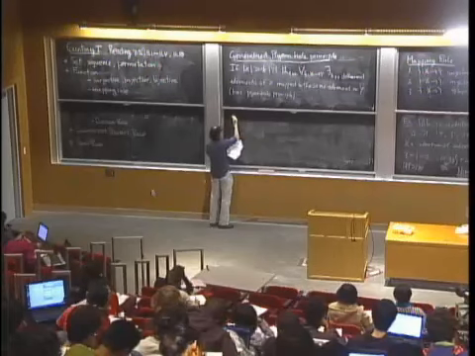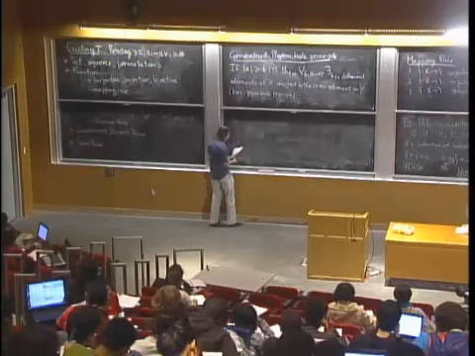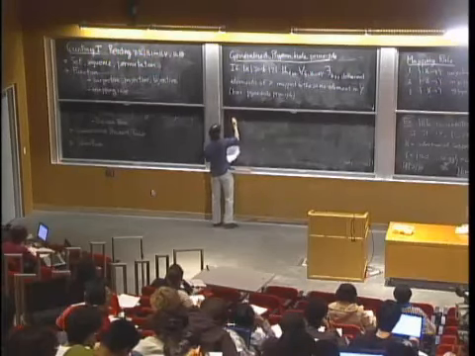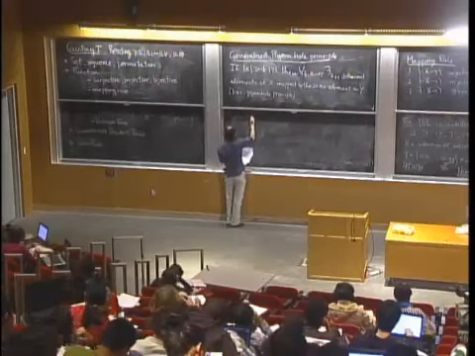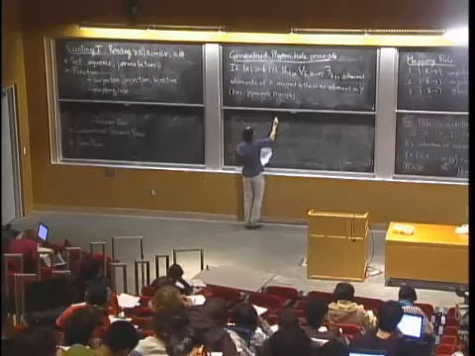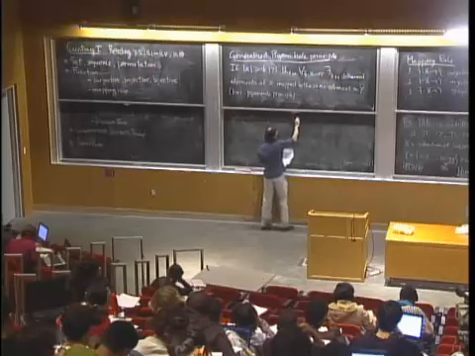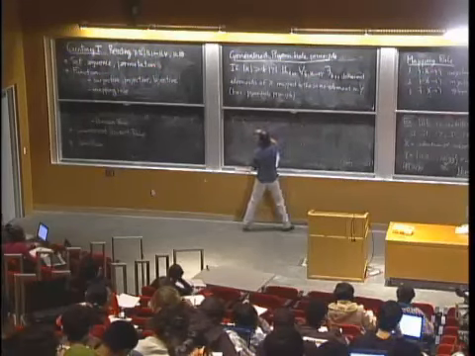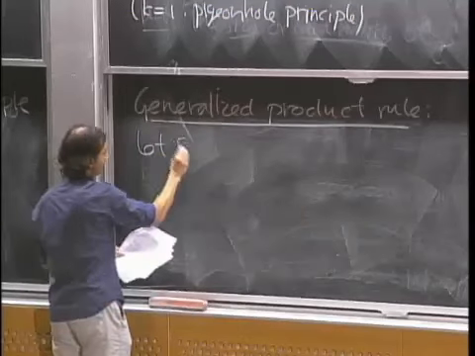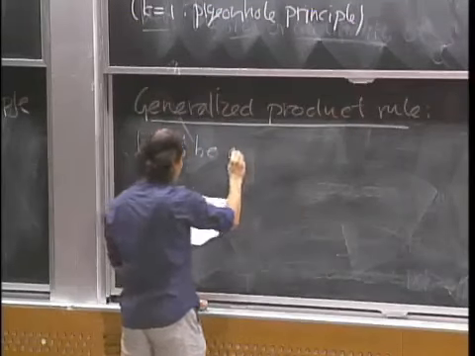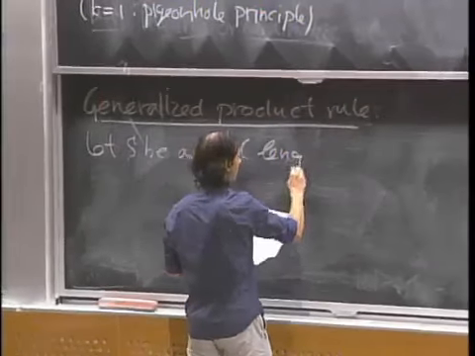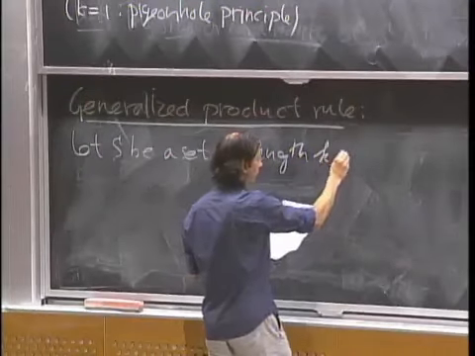Well, if we know the following property, so let me first write out the generalized product rule. Let S be a set of length k sequences.